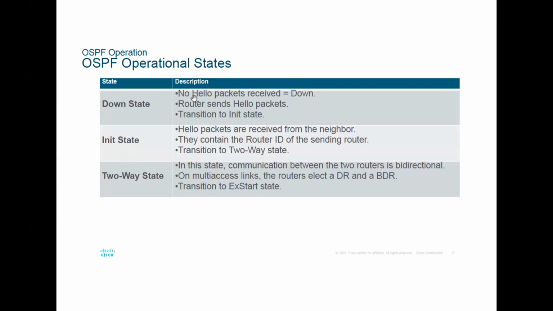For down state, it means no hello packet is received. So the router sends a hello packet and transitions to init state. For init state, hello packets are received from the neighbor. They contain the router ID of the sending router and transition to two-way state. In two-way state, communication between the two routers is bidirectional. On a multi-access link, the routers elect the DR and BDR. Transition to ExStart state.